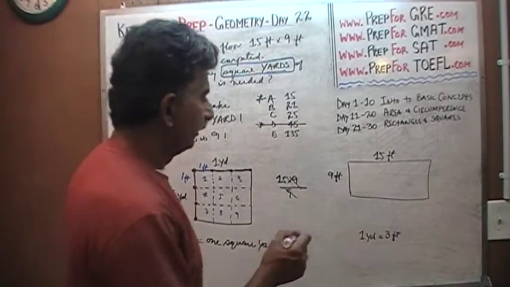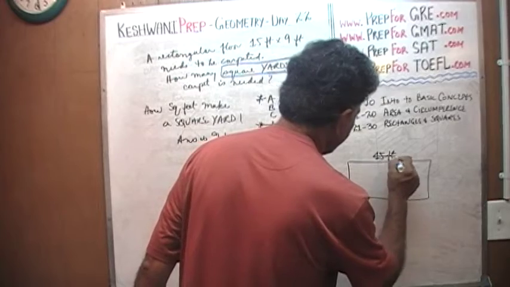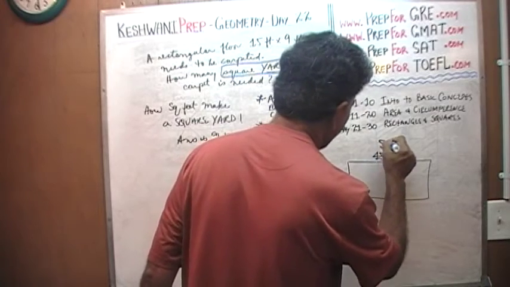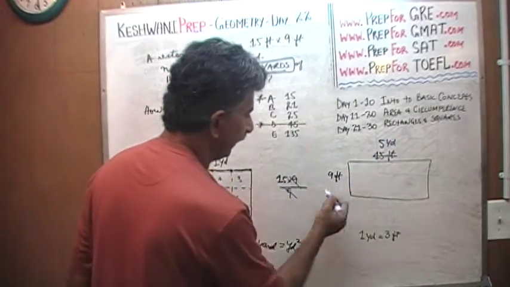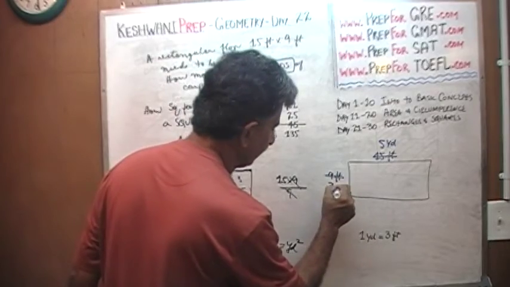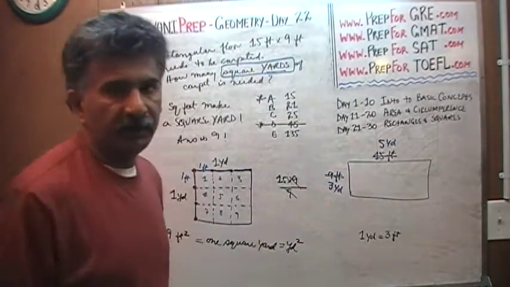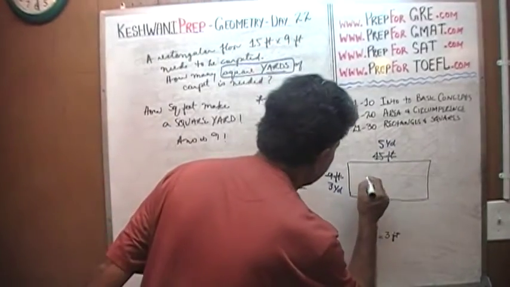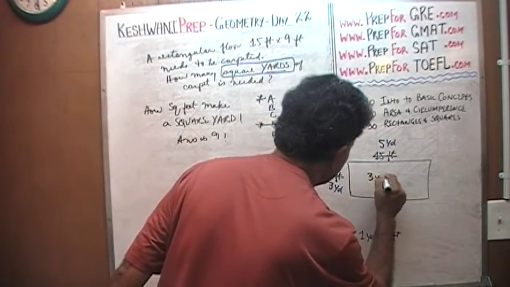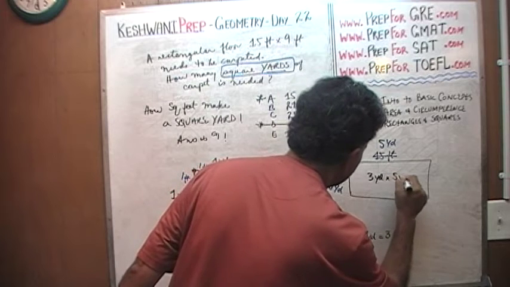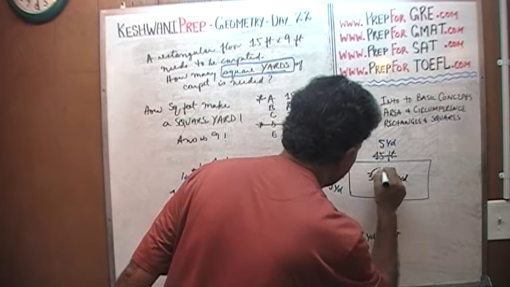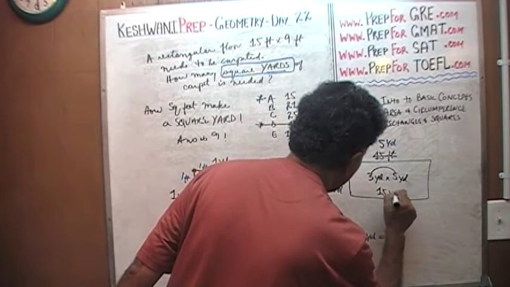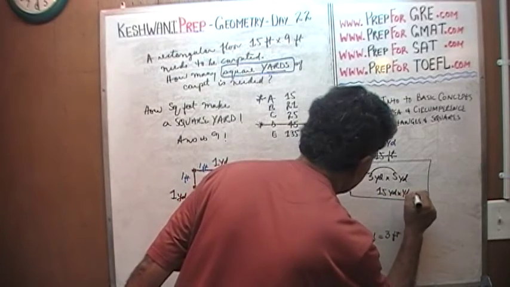Let's do that. 15 feet from the very beginning we should have converted into 5 yards, and 9 feet would have been 3 yards. Now we don't have to worry about any other nonsense. So now the area is simply 3 yards by 5 yards. 3 times 5 is 15, and yard times yard is square yard.